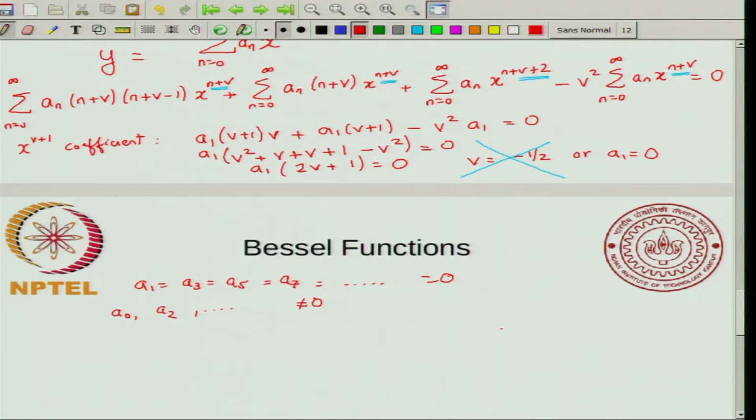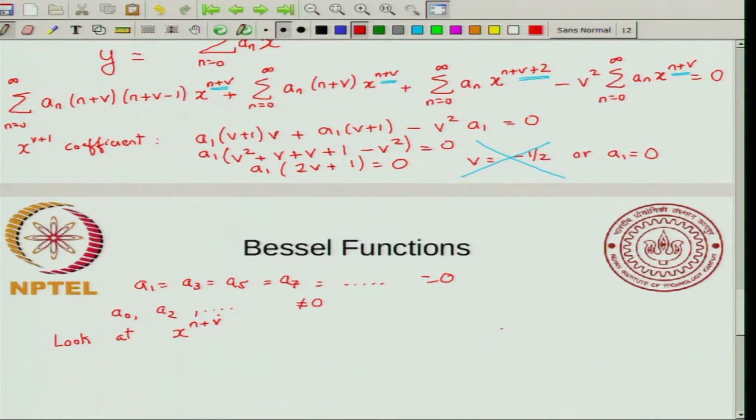And again, if you work out this solution, we can look at, let us say, x raised to n plus v. So we look at the coefficient of x raised to n plus v.